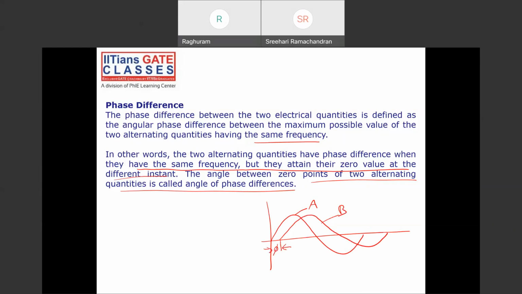You can call the phase difference between A and B as phi. The points where they attain the maximum possible value or the zero value, that is the phase difference.